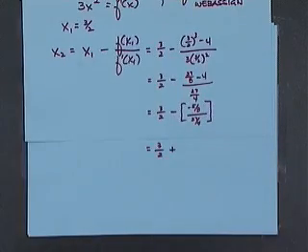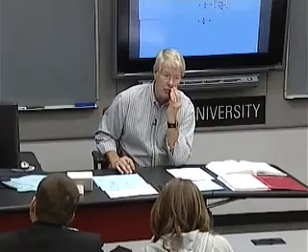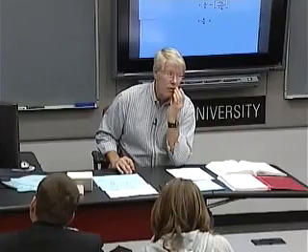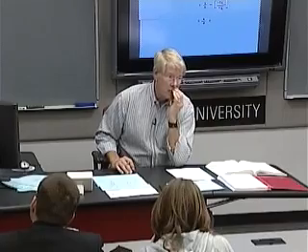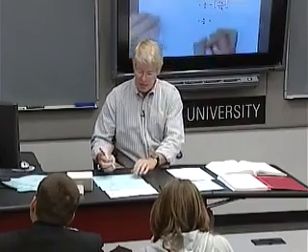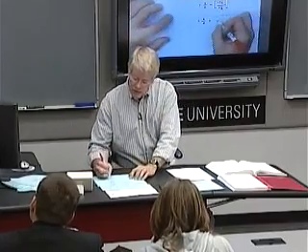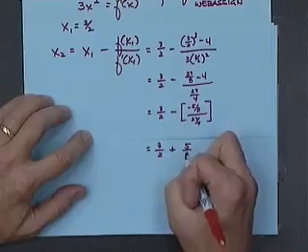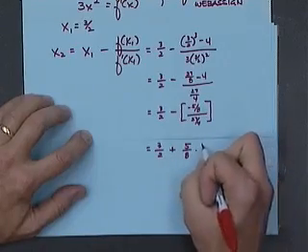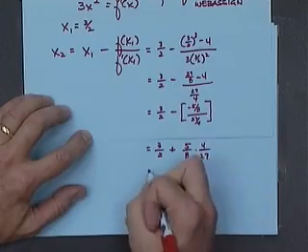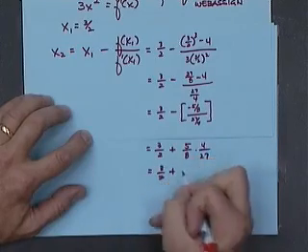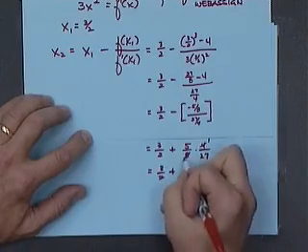Now, is that what we decided? 3 halves was not large enough for the cube root of 4, right? So it makes sense that we ought to be adding something on to this. We're going to add on 5/8 divided by 27/4, so times 4 over 27.